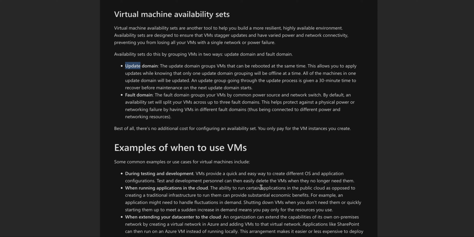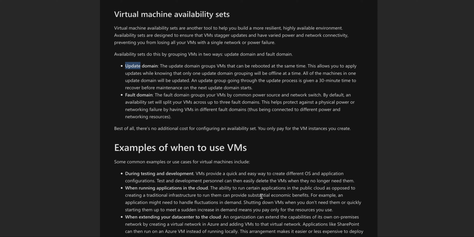At any given time there'll be one update domain that is offline because it's rebooting, or there's some system maintenance going on. So that's what we learned about update domain.